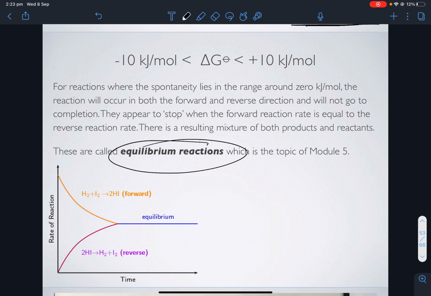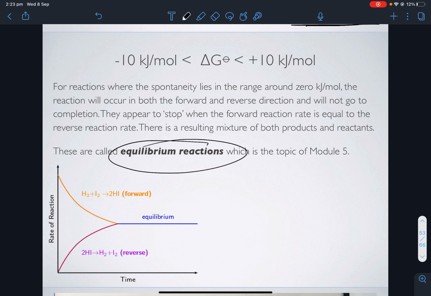Unlike how we normally think about reactions, where you put the two reactants together, everything reacts, and you convert all over to the products, apart from if you've got something in excess, these equilibrium reactions don't do that. They seem to stop earlier, when there's a certain concentration of the reactants still there and a certain concentration of the product still there, but it doesn't seem to be occurring anymore.